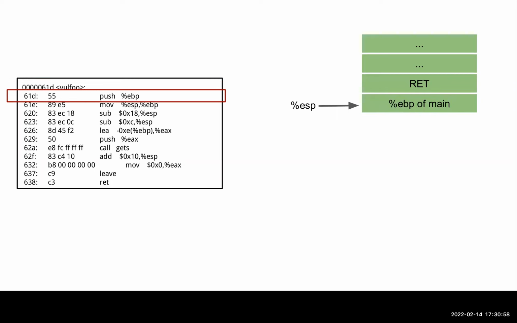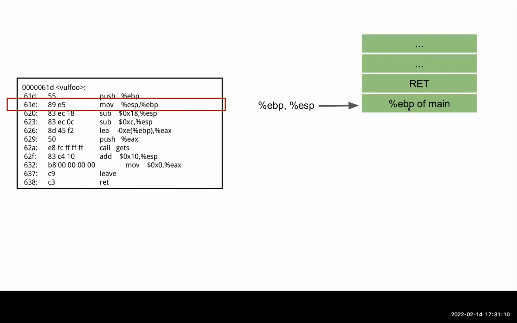Then the first thing in vul foo is we push EBP. Because this is a push, ESP will move down and point to the old EBP. Then we have a move ESP to EBP. So now EBP and ESP both point to the saved EBP.